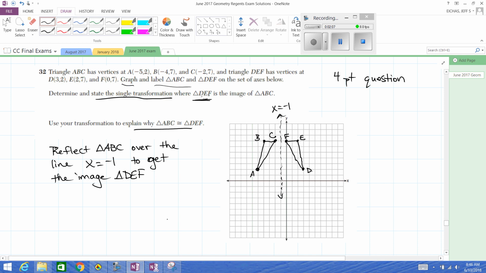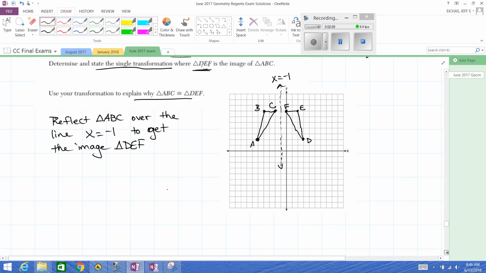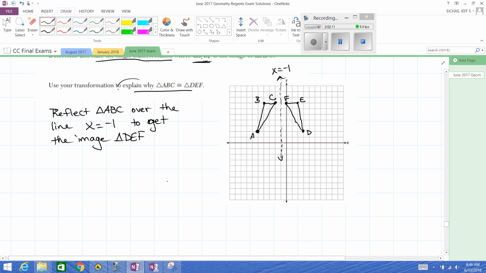Okay, so use the transformation to explain why. They don't want you to use coordinate geometry. They don't want you to do the side-side-side way. They essentially want you to refer to rigid motion transformations. So here's what we'll do.